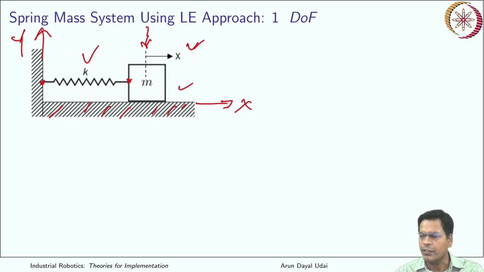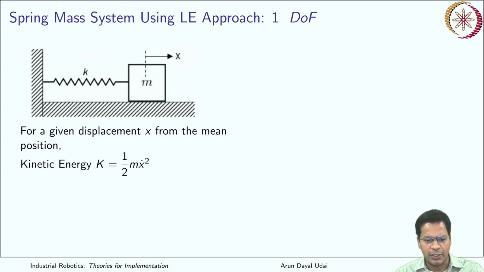Whole system is defined. So how many degrees of freedom are there for this system? It is just 1 degree of freedom. So let us start using Lagrange-Euler formulation for this. For the given displacement x from the mean position, how much will be the kinetic energy? If it is at a displacement x, let us say the velocity is x dot.